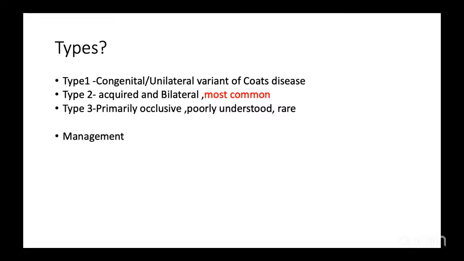So management, as Dr. Noel already told, is observation, OCT follow-up, and Amsler monitoring, and anti-VEGF if choroidal neovascularization develops. And laser might have a role if there is leakage in the angiogram away from the fovea.